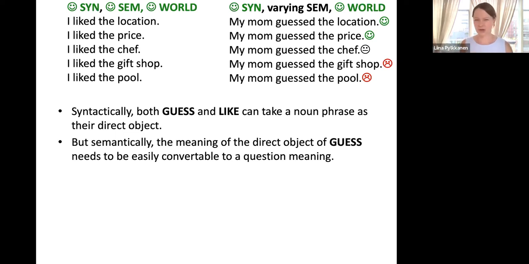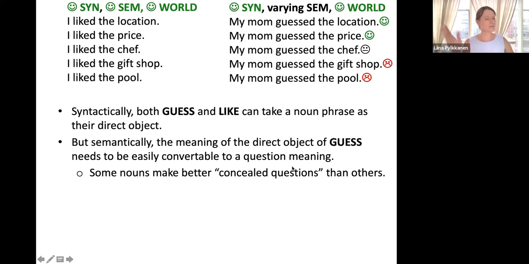And similarly for gift shop, pool, they just don't lend themselves to a similar kind of question conversion in the way that the first two nouns, location and price, do.